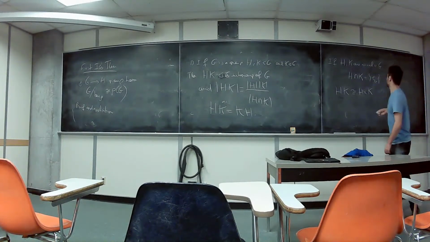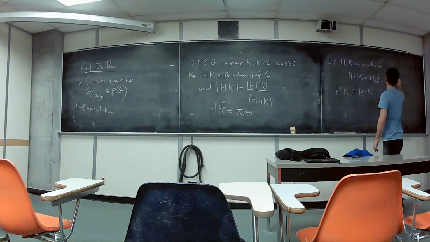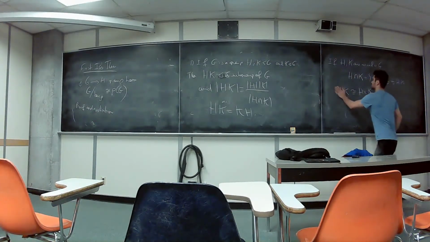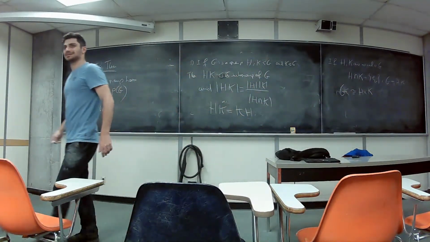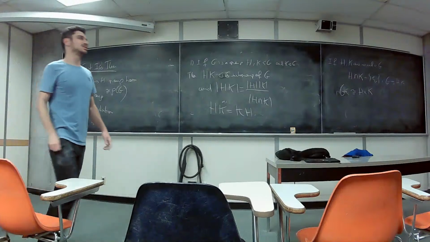Maybe I said that if G is equal to HK as well, then G is isomorphic to H times K. Maybe we've seen it this way.